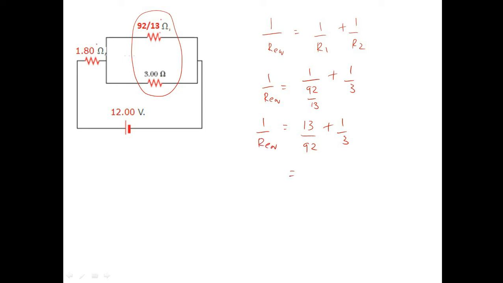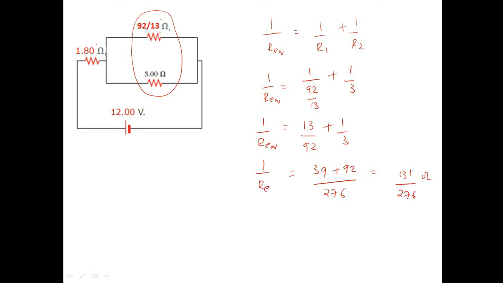If we cross multiply, 13 times 3 is 39 and 92 times 1 is 92, over 92 times 3, which is 276. Adding, 39 plus 92 gives 131/276.